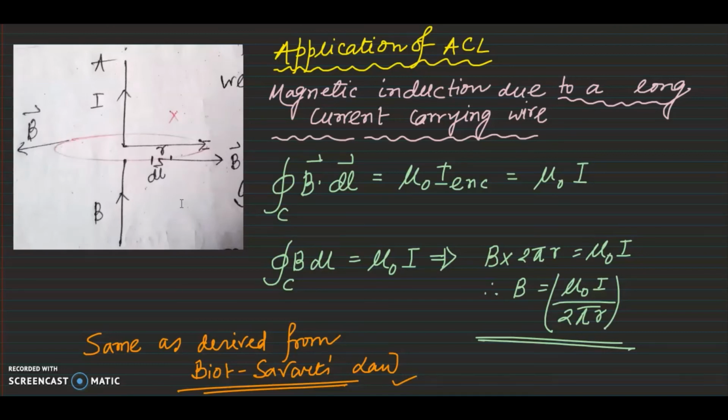Now the magnetic field will be tangential at any point on the loop, and the angle between B and dl is 0 degrees. As we have already discussed, the magnetic field due to a long infinite current carrying wire is tangential, so the angle between the small elementary length dl and the magnetic field is always 0 degrees. Also, along the tangential direction the magnetic field is uniform.